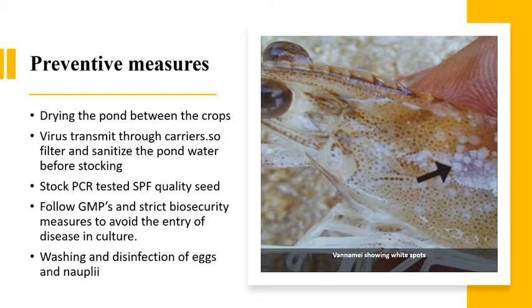They have to follow good management practices and strict biosecurity measures so as to avoid the entry of disease into the culture. Washing and disinfection of eggs and nauplii should be done to avoid the WSSV. Here we can see the vannamei showing the white spots. So white spot syndrome virus can be avoided by following certain preventive measures.